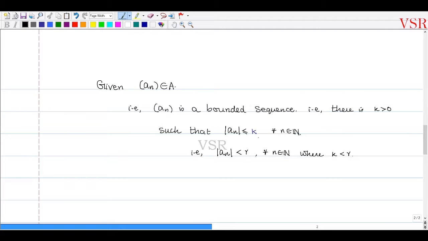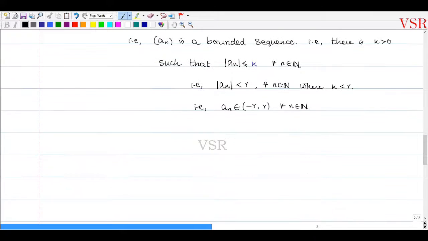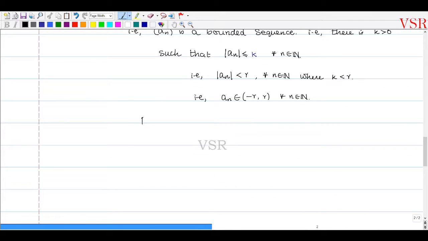ஏதோ ஒன்று k விட பெருசான ஒரு எலிமெண்ட் எடுத்துக்கிட்டேன், r ன்னு எடுத்துக்கிட்டேன், அவ்வளவுதான். இதுல இருந்து என்ன தெரியுது அப்படின்னா that is this an belongs to minus r comma plus r for every n belongs to natural numbers. Okay, அப்படின்னா put U equal to the product of all n equal to 1 to infinity of minus r comma plus r, இதனுடைய copies.